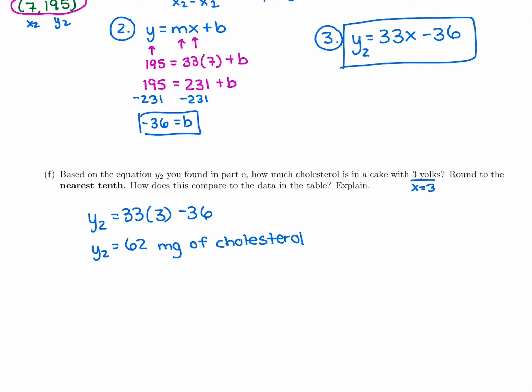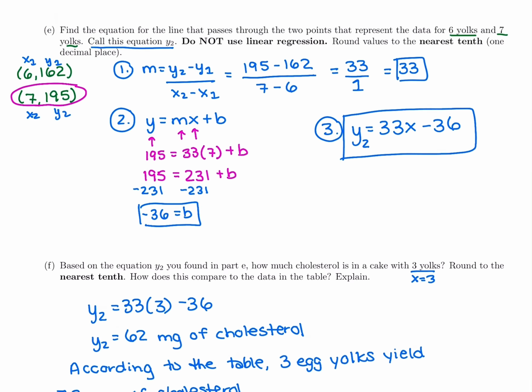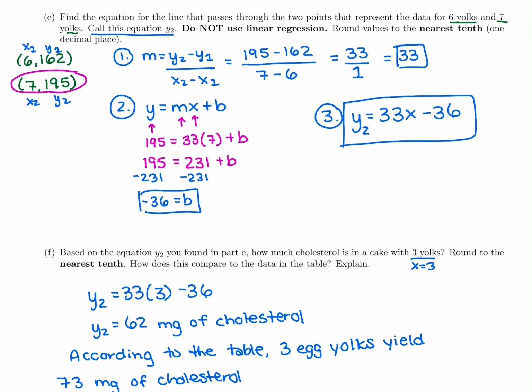So we would say that according to the table, 3 egg yolks yields 73 milligrams of cholesterol. Again, looking back, I'm just looking at the table here. 3 has 73 milligrams of cholesterol.